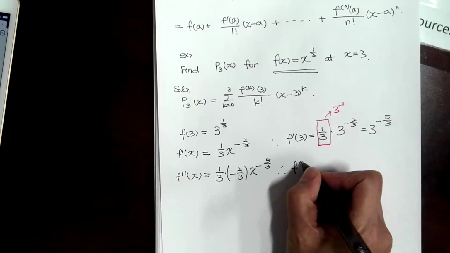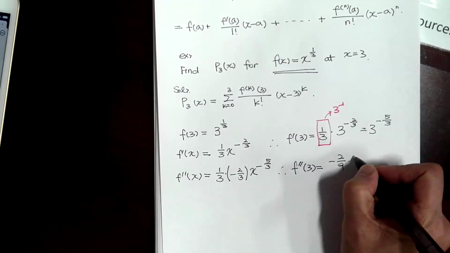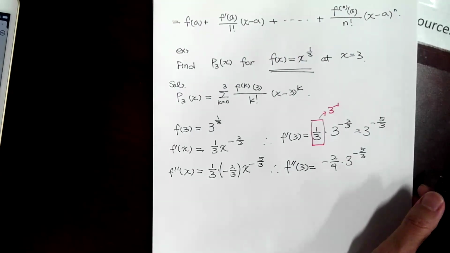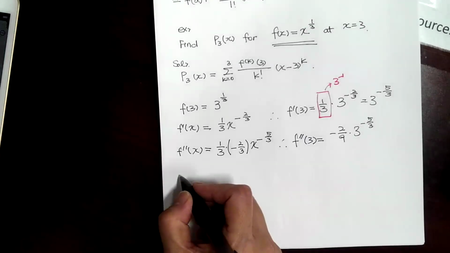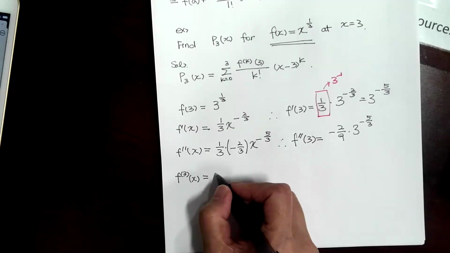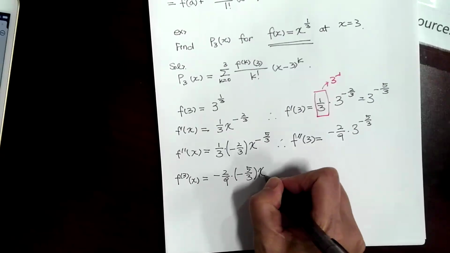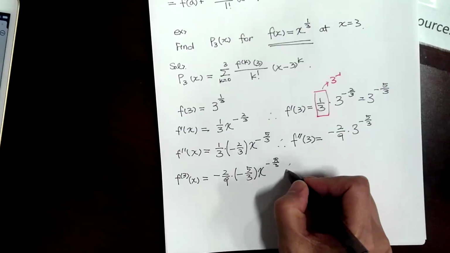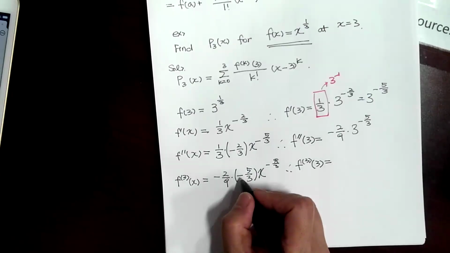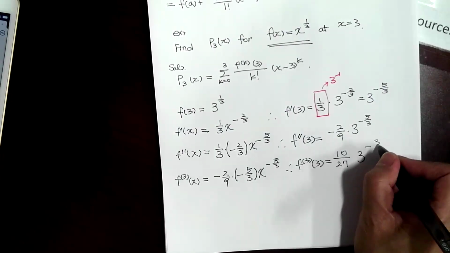Therefore, f double prime of 3 is minus 2/9 times 3 to the minus 5/3. And the third derivative of f is minus 2/9 times minus 5/3 times x to the minus 8/3. Therefore, the third derivative at 3 is minus minus, so it makes plus, 10/27 times 3 to the minus 8/3.